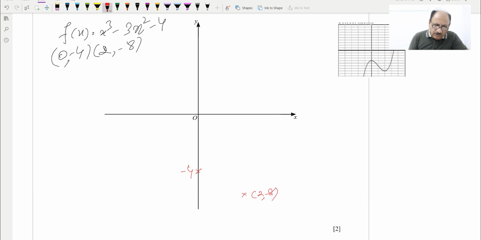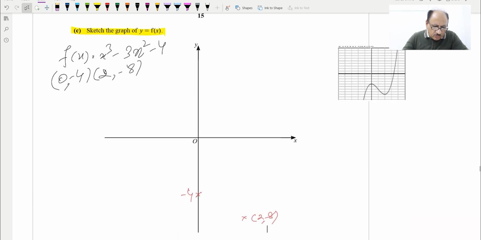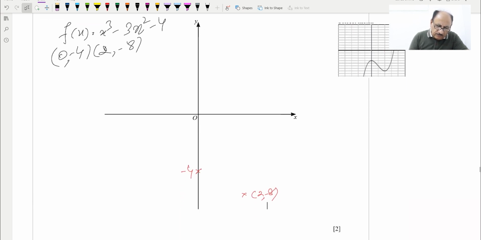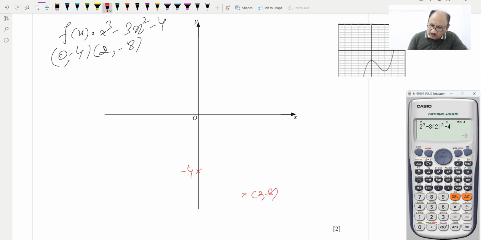And now we need to draw, basically how we will be drawing. They are saying sketch, basically sketching. So we can check for any value which is lesser than 0, and we can put it in the calculator and check also. I'll show you how we are checking this so that you can understand better.